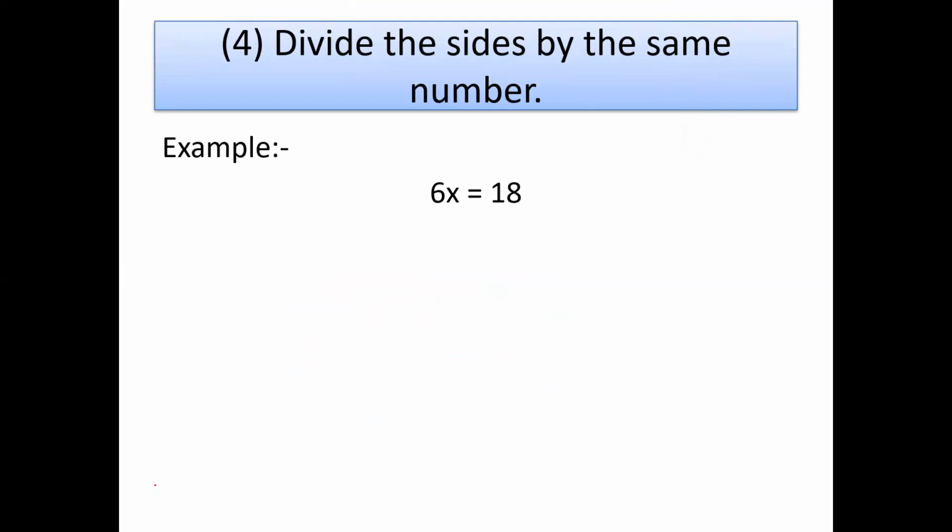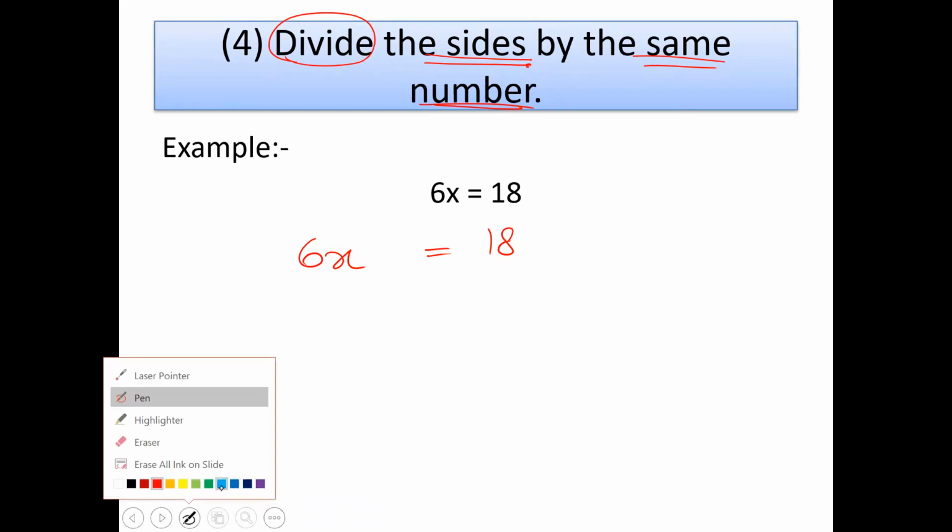Now we will be dividing the same number on both the sides. Now 6x is equals to 18. 6 is being multiplied by x, and in order to cancel that 6, उस 6 को cancel करने के लिए we will divide it by 6, because 6 divided by 6 is 1.